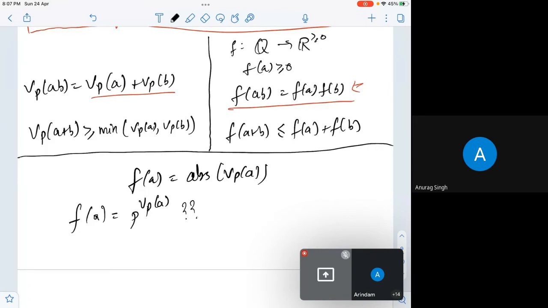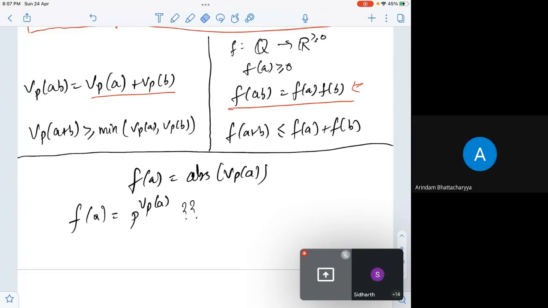Now for the additive part, we have that p raised to the power v_p(a plus b) is shorter than, or rather it will be bigger than... Yes, I think it's p raised to negative v_p(a).